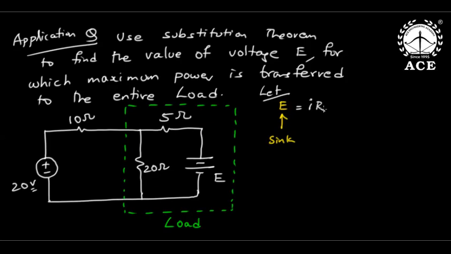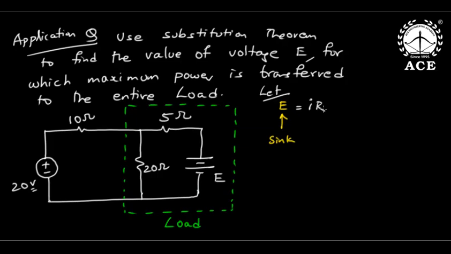Sir, the substitution theorem is helping us because I cannot directly reduce to load resistance equal to source resistance. Why? Because there is a battery E, and I need the value of E such that it absorbs maximum power. If it is absorbing maximum power, E must be a sink.